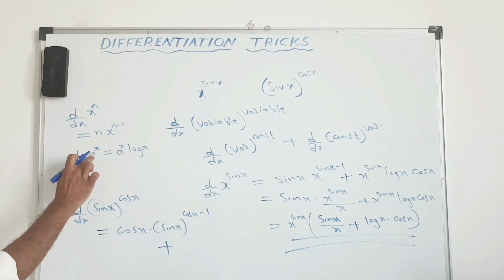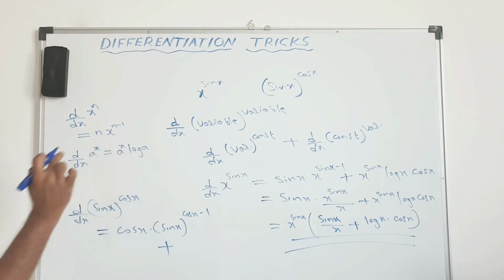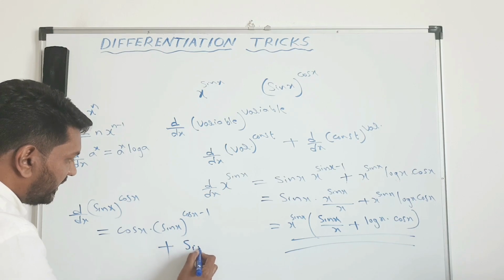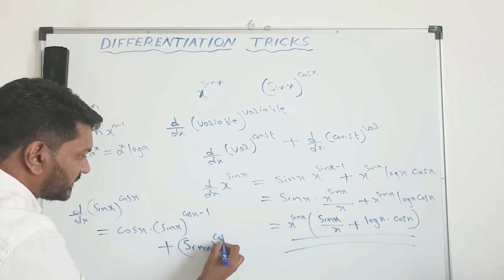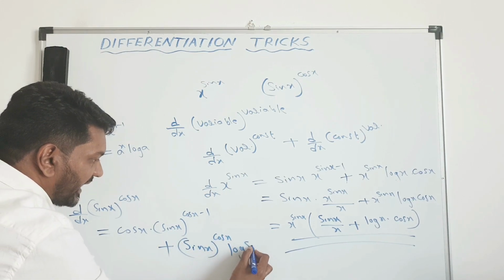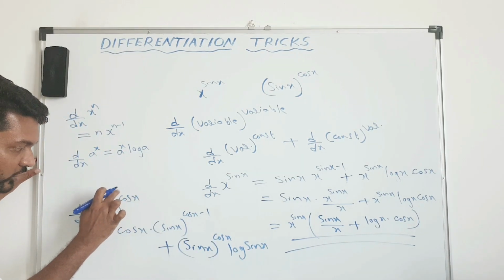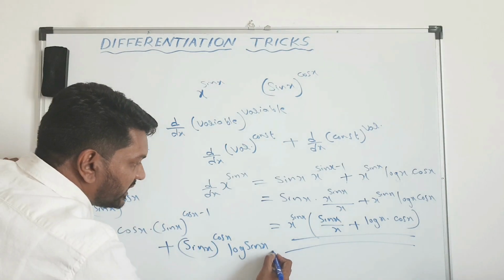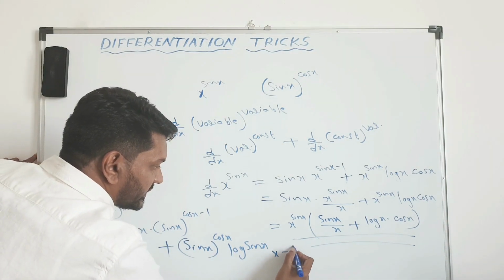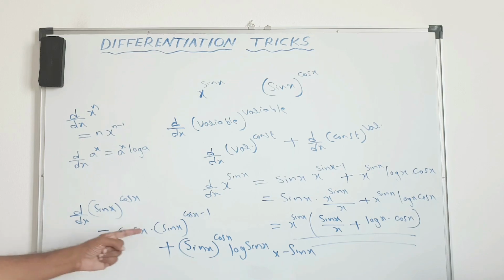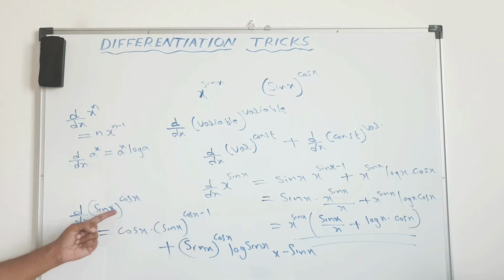So it became the a to the power x formula, which is a to the power x log a. So it became sin x to the power cos x into log sin x. Then using the chain rule, cos x also you have to differentiate, which is minus sin x.